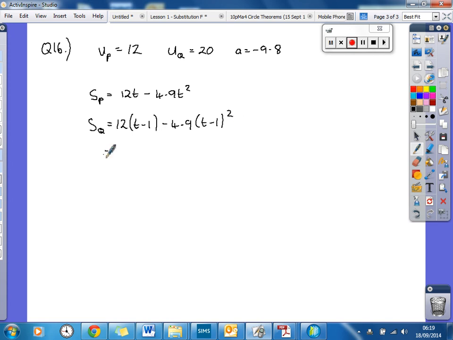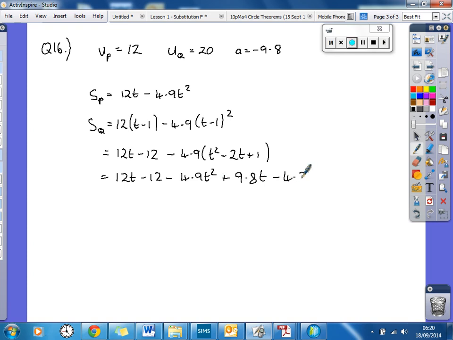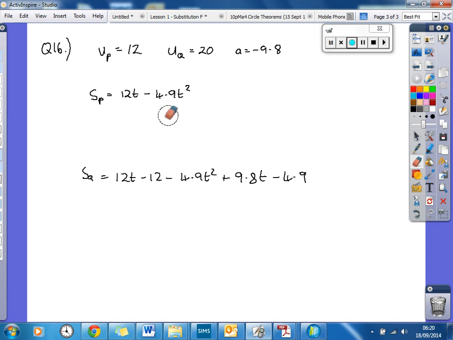Now, we can expand this out. We want to know when they collide. Let me just get rid of the unsimplified versions.